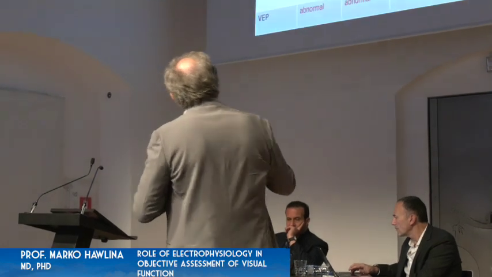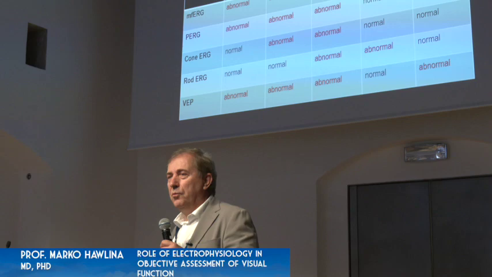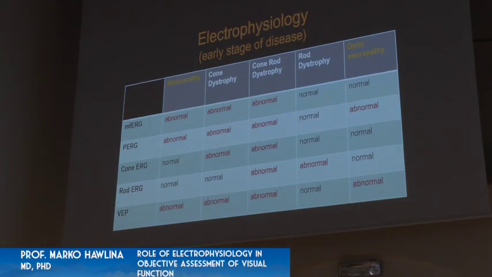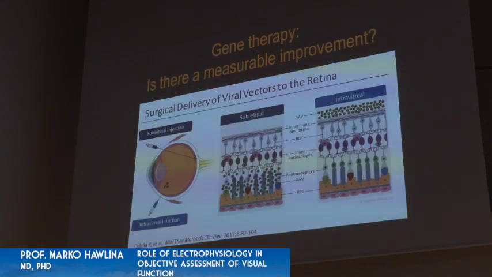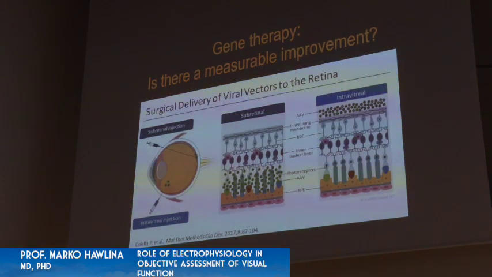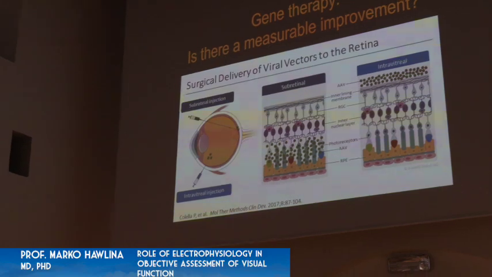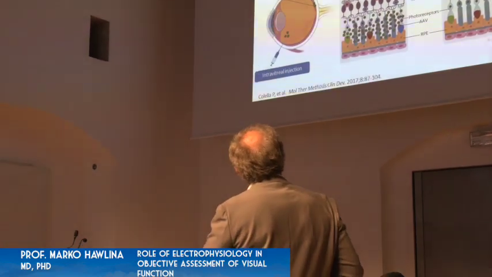So with this kind of chart, you can discern which part of the visual system is not working and figure out the diagnosis. It's a bit complicated, so I will not go through it in the interest of time. What I just want to say is that we are hoping to see with the gene treatment coming up that ERGs will start to rise, not only decrease over time in these diseases.